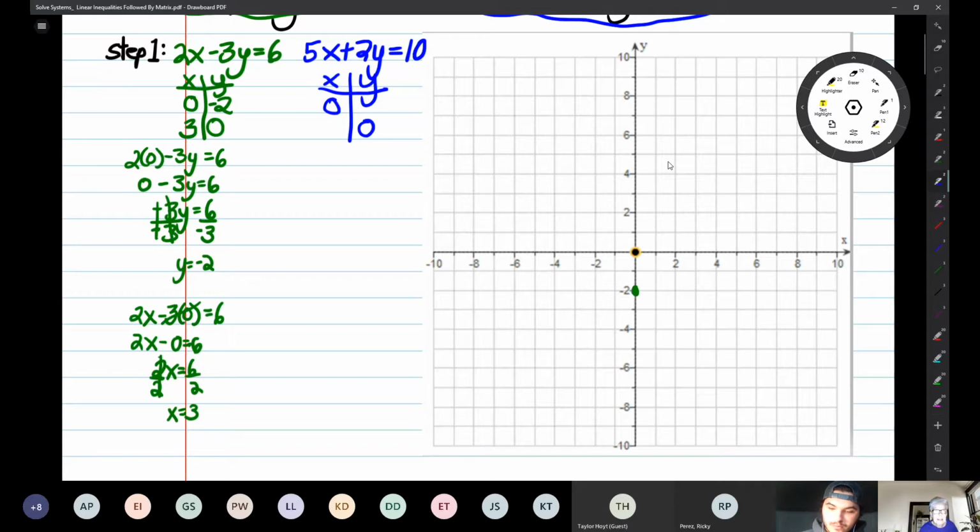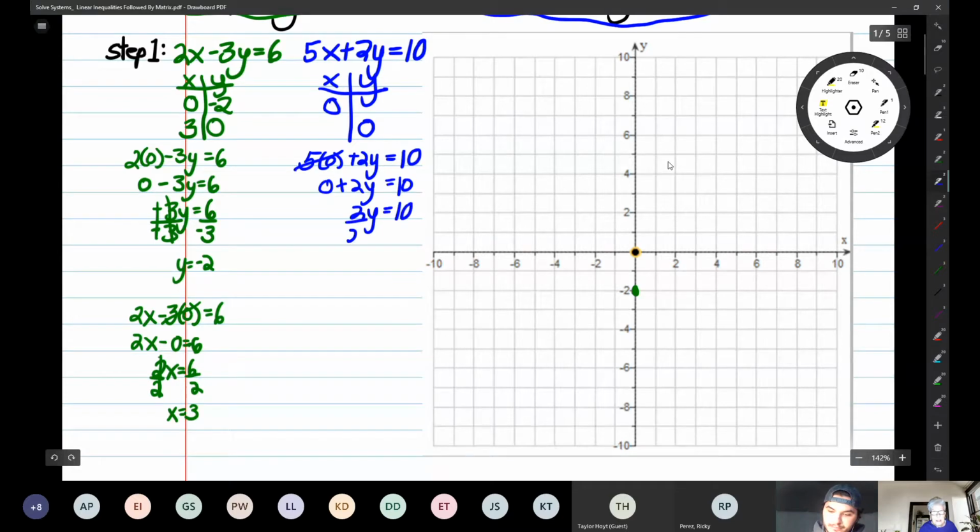So if x is 0, I will have 5 times 0 plus 2y equals 10. 5 times 0 is 0, so 0 plus 2y equals 10, which means 2y equals 10.